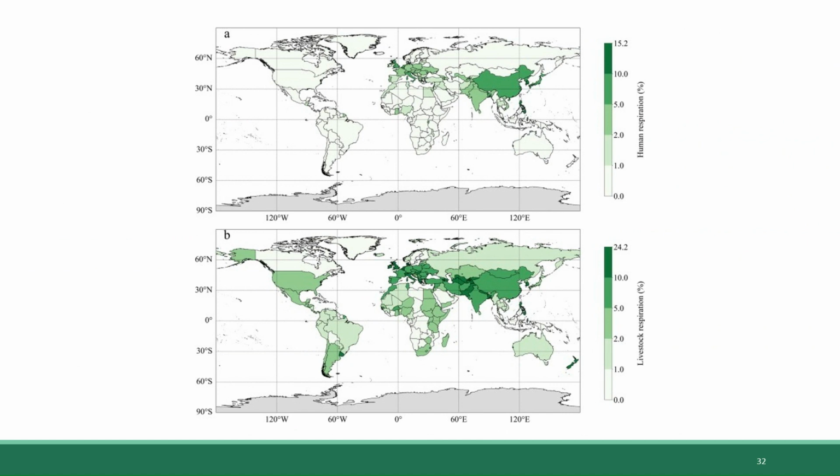These figures show the percentage of heterotrophic carbon dioxide release contributed by humans on the top and livestock animals on the bottom in each country. So you can see in a vast majority of countries, humans exhale less than 1% of the carbon dioxide, and livestock animals usually exhale less than 10% of the carbon dioxide in most countries. And note that these images do not take into consideration the release of carbon dioxide by plants when they break down the carbohydrates they've synthesized for their own purposes.